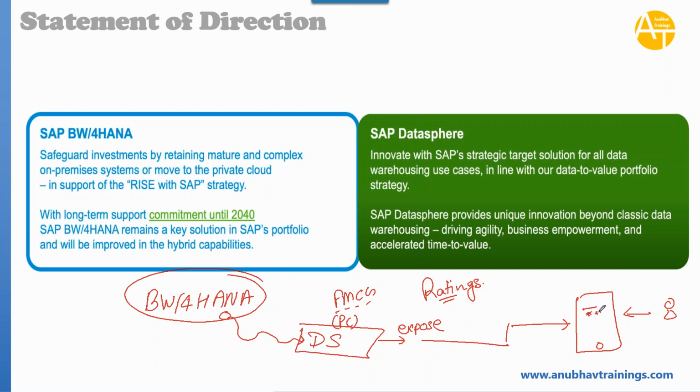So you can show the rating to the customer for different products, the customer sentiments. So what you've done, you are running both BW for HANA and Datasphere together in a hybrid model. So it provides innovation to your company.